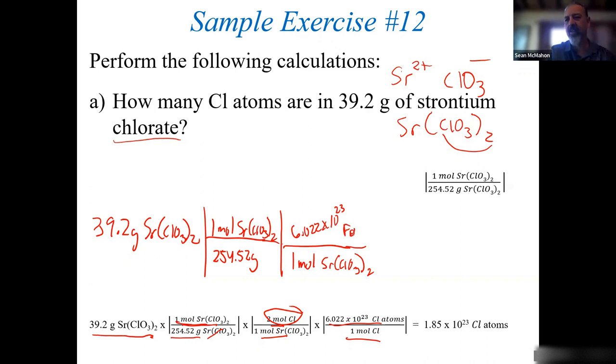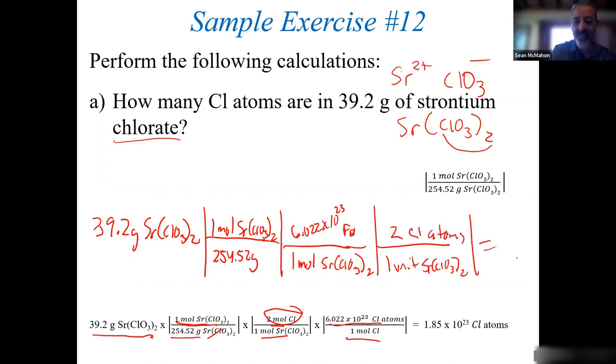We'll just say units. And then in 1 formula unit of strontium chlorate, there's 2 chlorine atoms. So it's the same way. You'll get the same answer. It's just another option. Either way is acceptable.